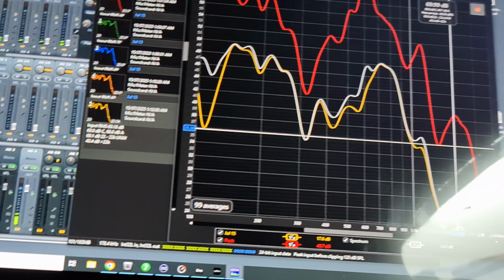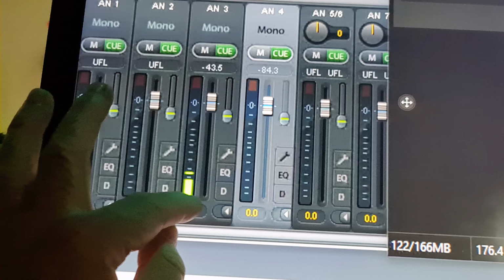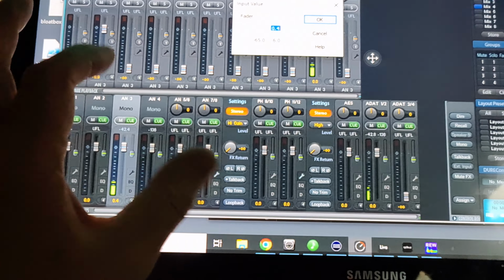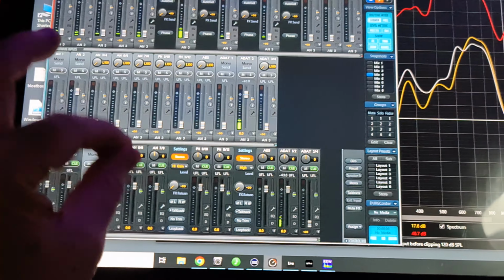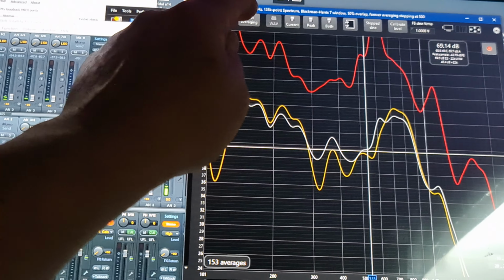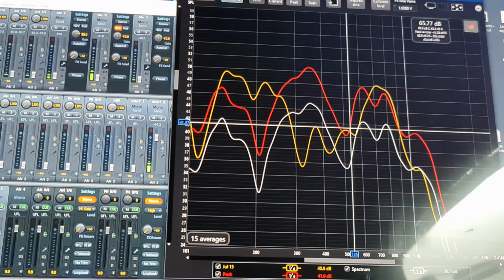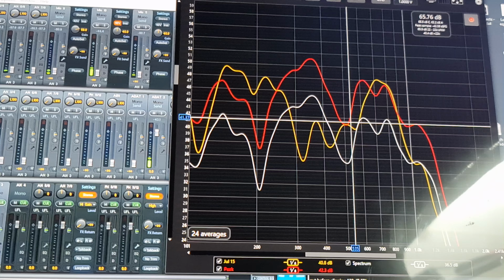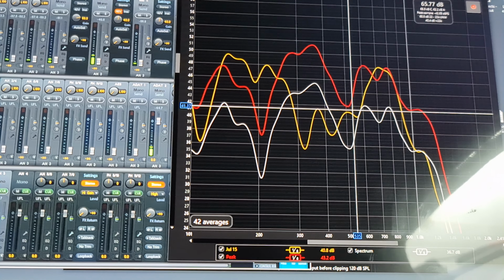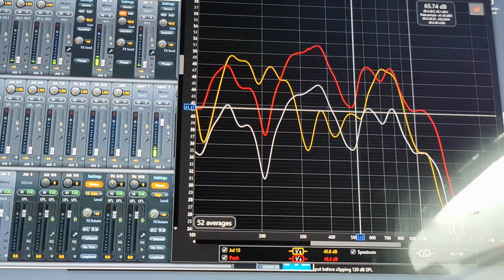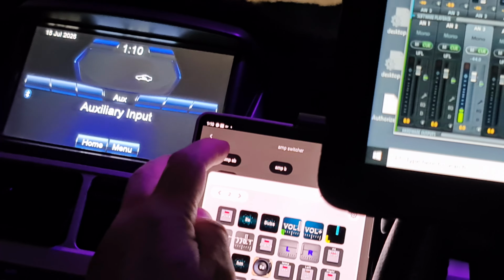I'll just double check the right hand side, and I'll make sure that this graph down here is zeroed out. Reset and just sit still. Swap amps.